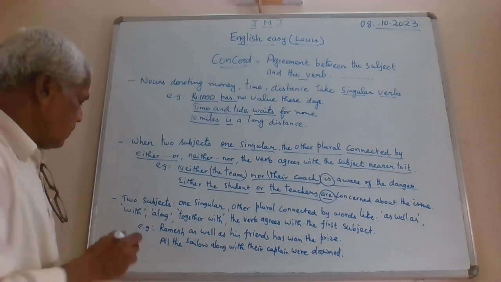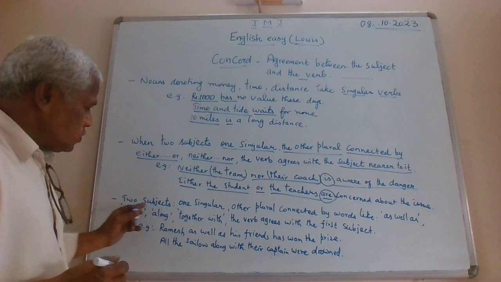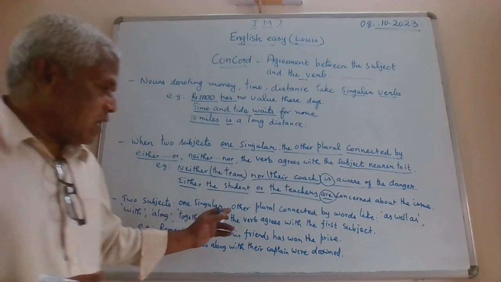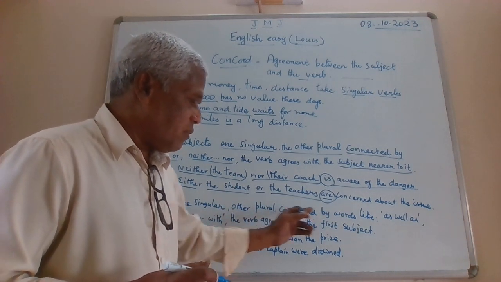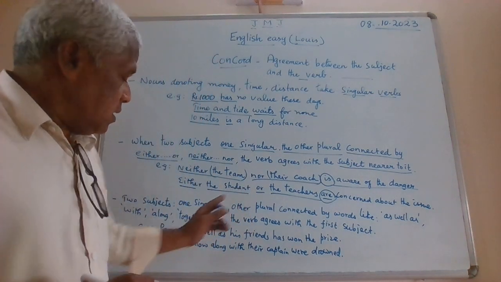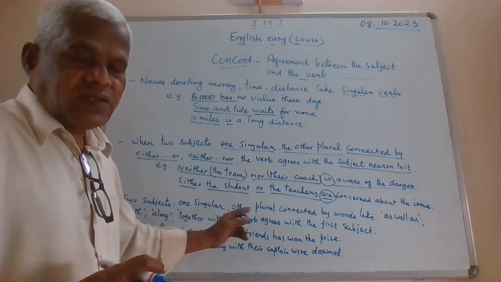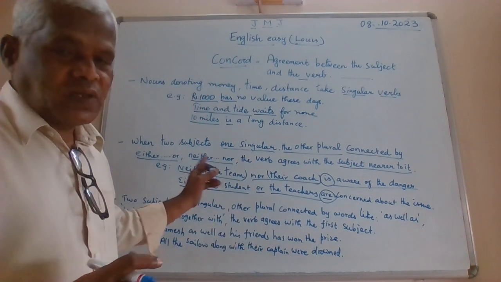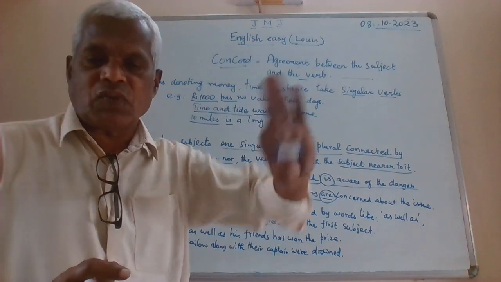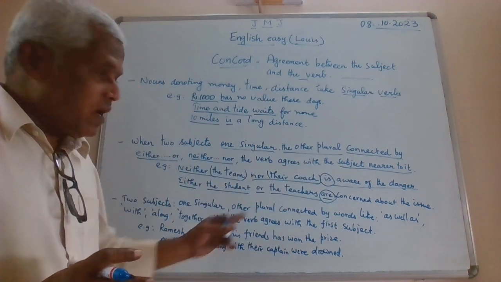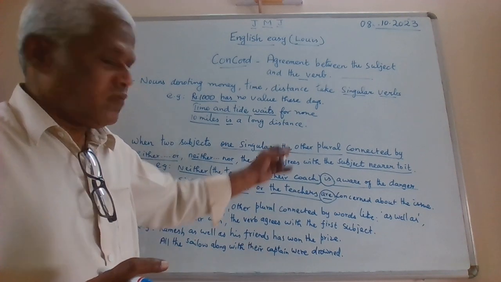We'll go to the next one here. See, two subjects, one singular, other plural, connected by words like... Now the starting of this rule may be the same, because two subjects, one singular, another plural, that could be the same here. But this rule is different from this one here.